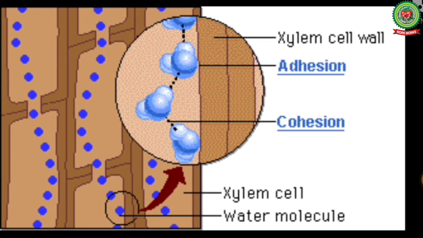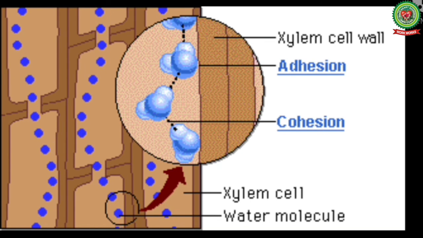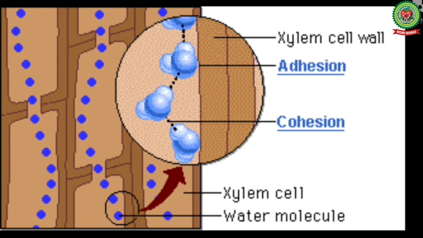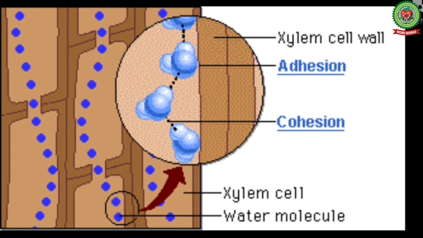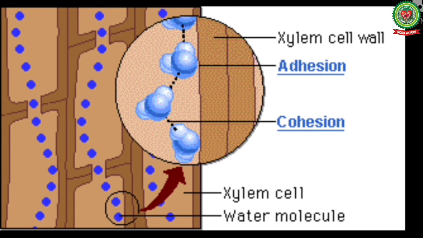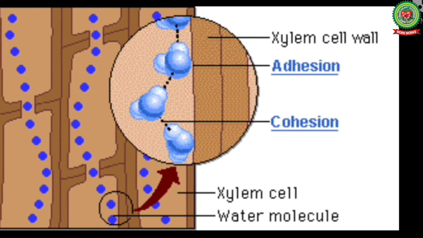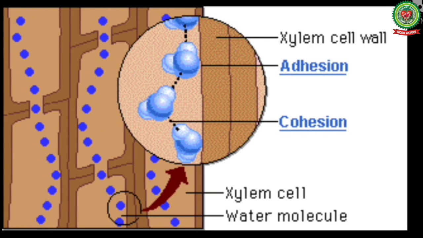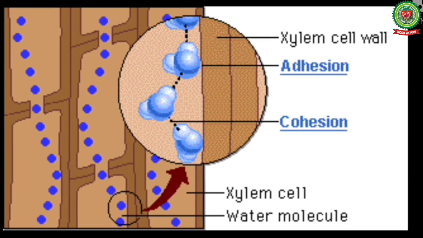In this image, we can see both the adhesion and cohesion properties of water. Adhesion of water molecules to the surface of tracheids pulls water up the tube, and the cohesive property amongst the water molecules helps it to rise up as a column.